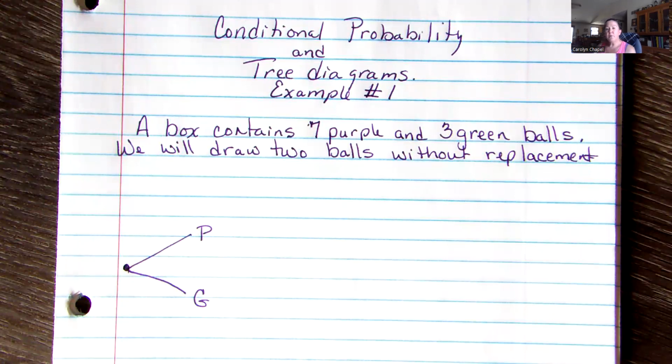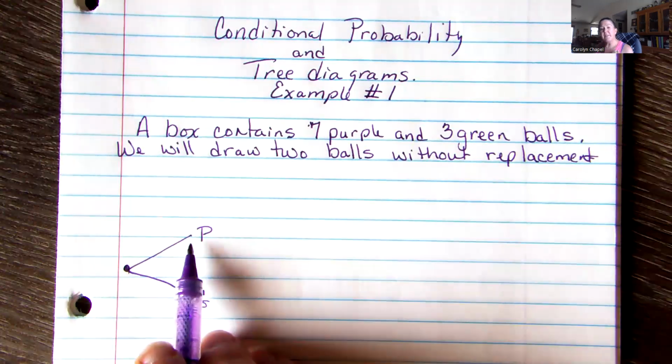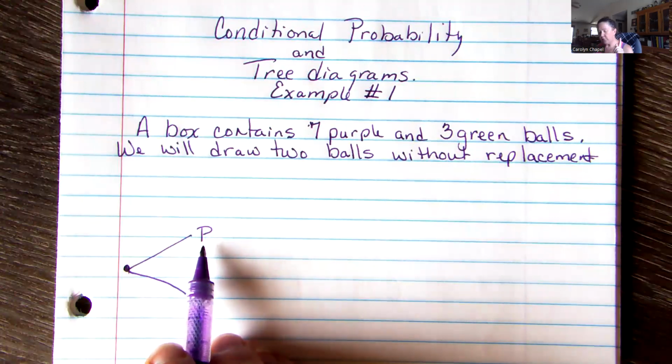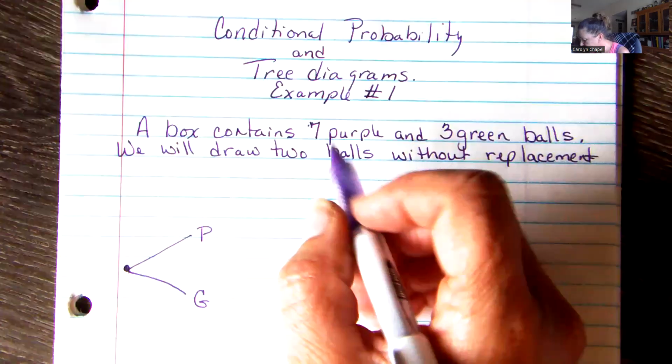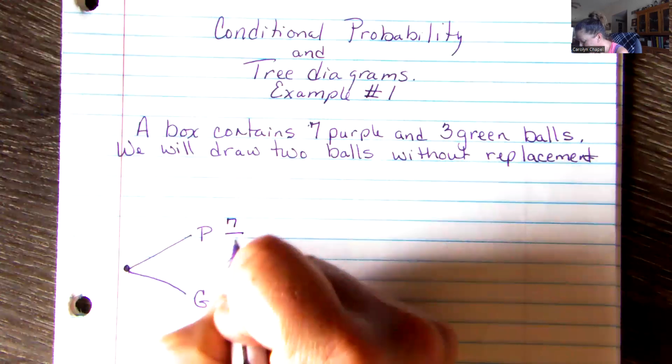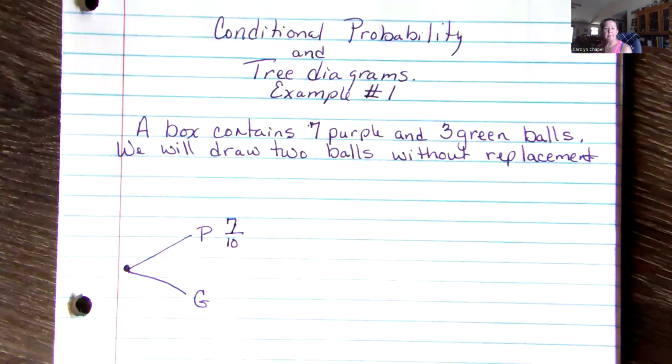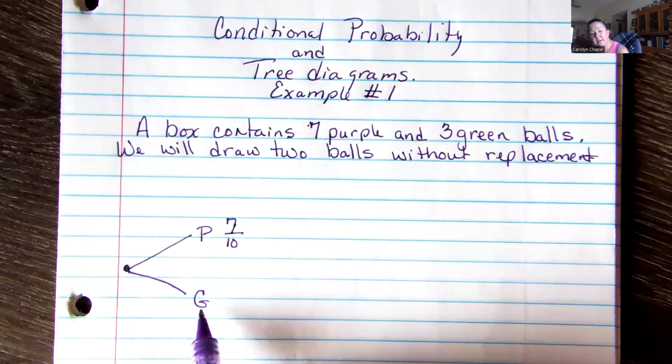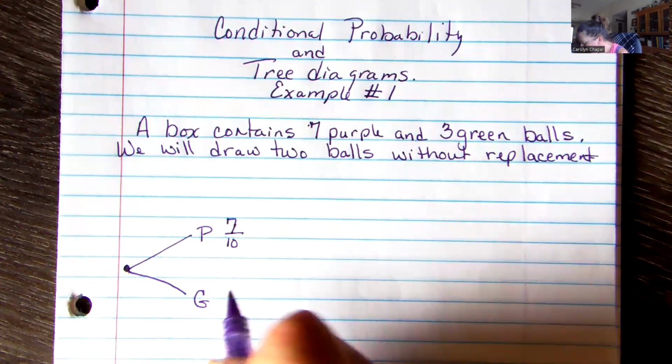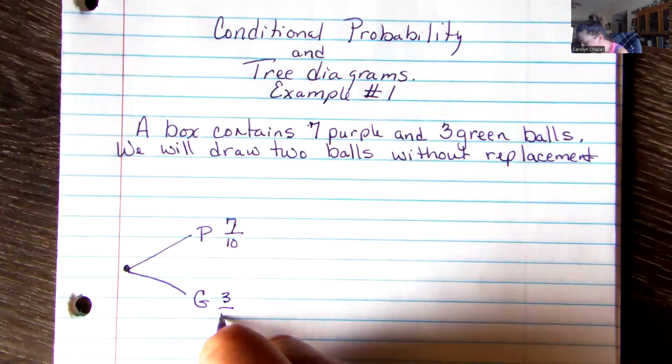What I'm going to do with this tree diagram is put probabilities in at each step. Here I drew a ball. The probability that this first ball was purple is 7 out of 10, and the probability that it was green is 3 out of 10.